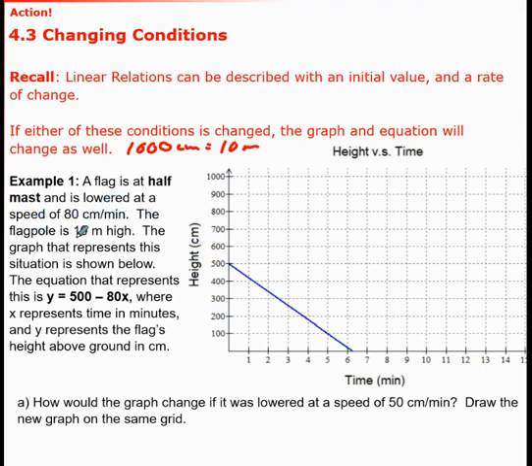The flagpole is 10 meters high. The graph that represents the situation is shown below, and the equation that represents it is y equals 500 minus 80x, where x represents the time in minutes and y represents the flag's height above the ground.